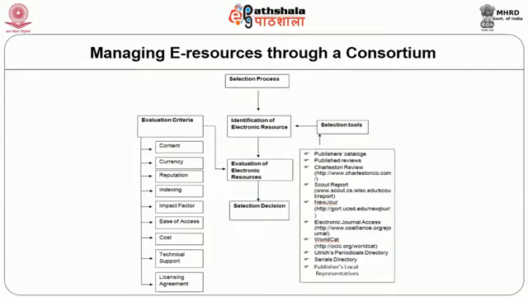A policy framework should be developed which operates as a blueprint for selectors and helps them ensure uniformity in procedures and appropriate balance in selection of e-resources. The selection of any e-resource is a three-step process which includes identification or discovery, evaluation, and finally the decision.